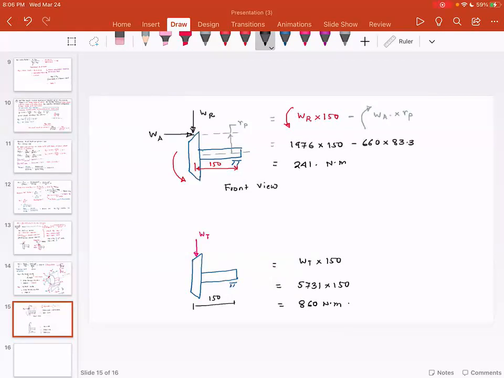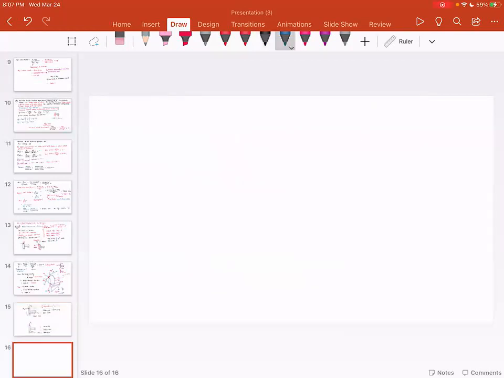So now you have this moment in the front view, which is the moment in the vertical direction, and this is the moment in the horizontal direction. The total moment, M total, since these two moments are perpendicular to each other, will be the square root of horizontal moment square plus vertical moment square. And when you plug in these values, your answer is 893 Newton meter.